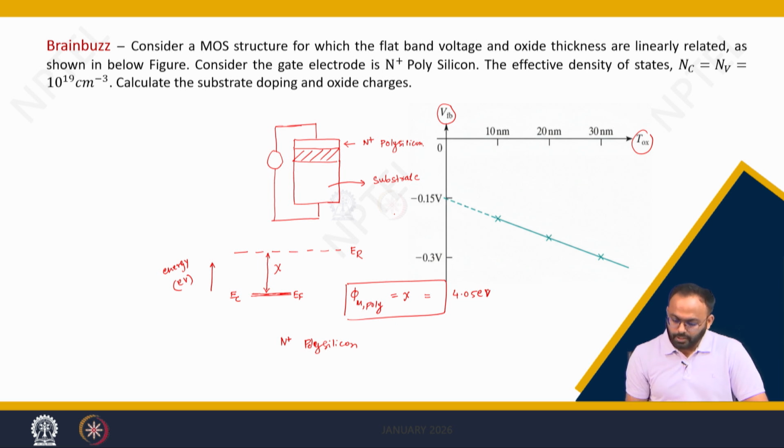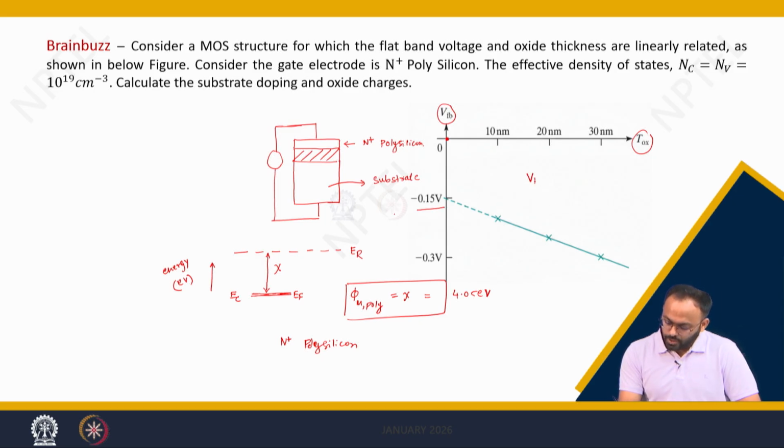Now, we have been given the value of flat band voltage versus Tox. If Tox is equal to 0, the flat band voltage value is minus 0.15.